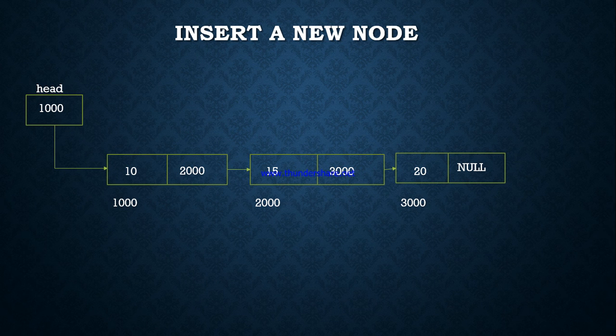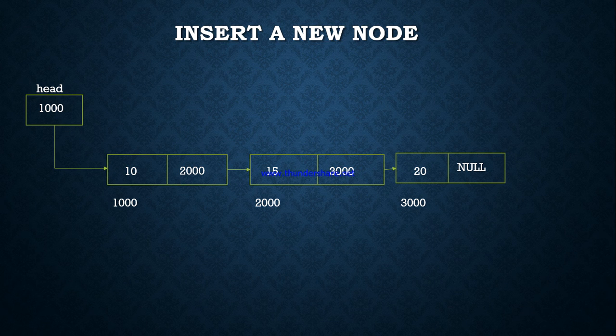Now I will discuss how to insert a node into a linked list. So I am showing it on the already given linked list. This linked list already exists, and I am adding a new node here. Now we can add a node at different positions.